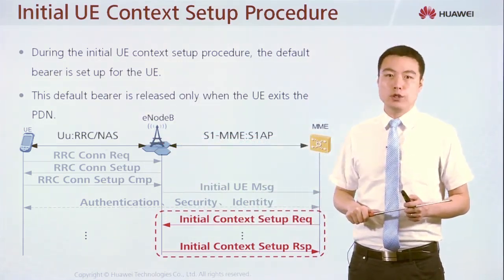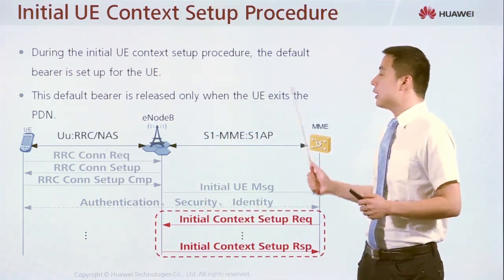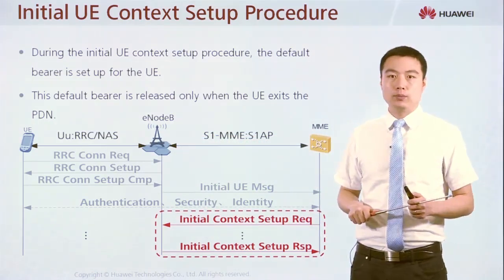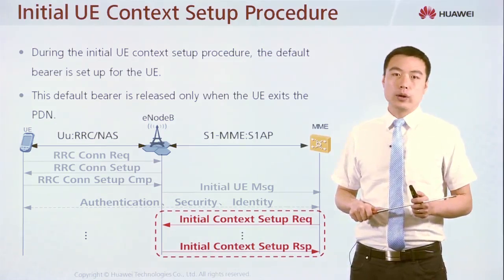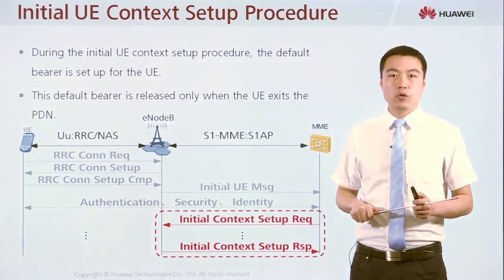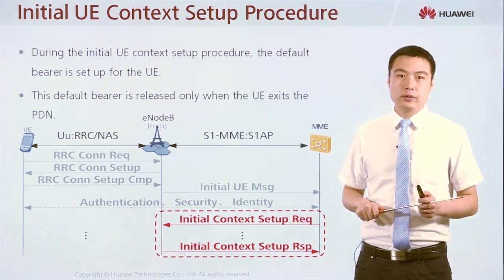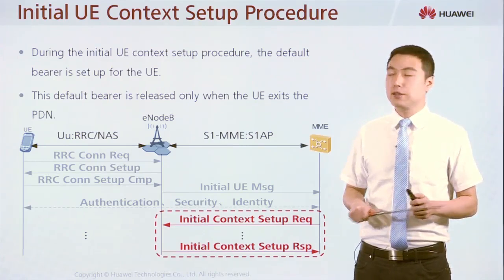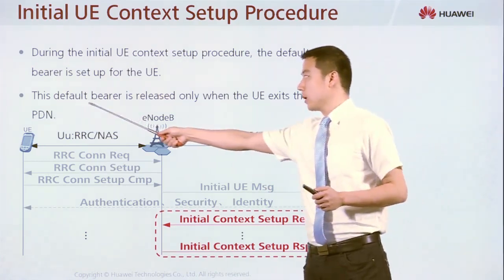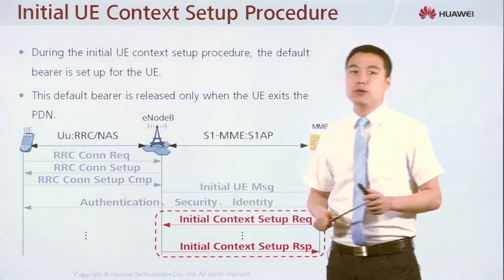If the UE connects with the PGW, the PGW will allocate an IP address for this user. Once the user gets an IP address, the user will keep an IP connection with the network. This default IP connection, we consider it as a default bearer. That's the definition of the default bearer.